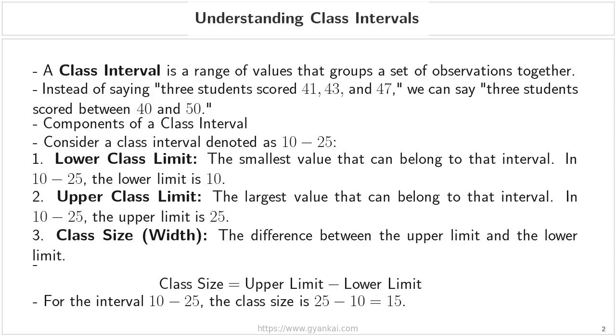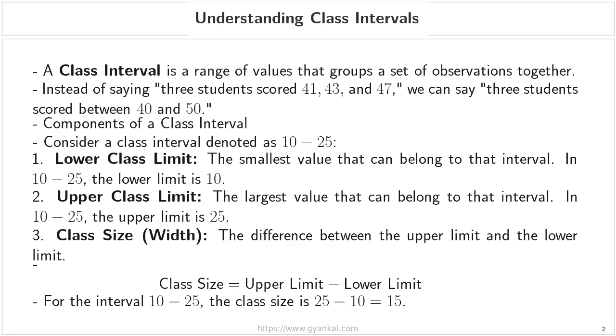Finally, we have the class size, which you might also hear referred to as the width of the interval. To find this, you simply calculate the difference between the upper limit and the lower limit. Mathematically, we express this as class size equals upper limit minus lower limit. So, for our interval of 10 to 25, the calculation would be 25 minus 10, which gives us a class size of 15.